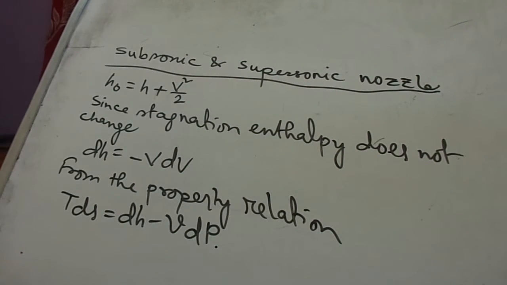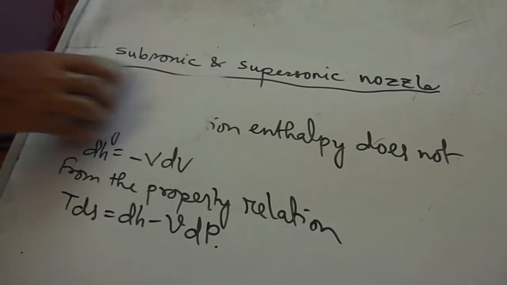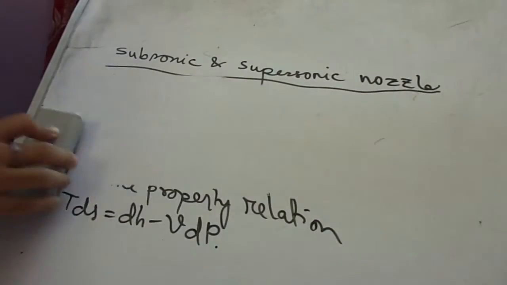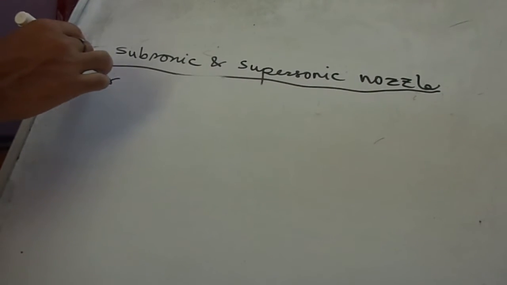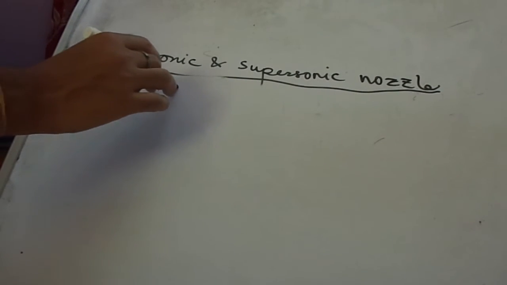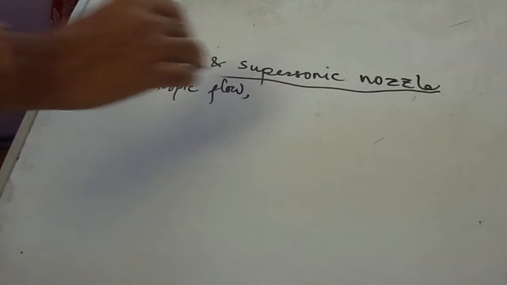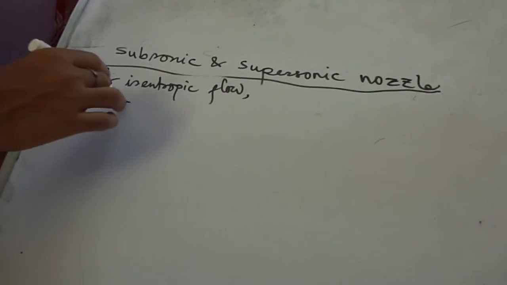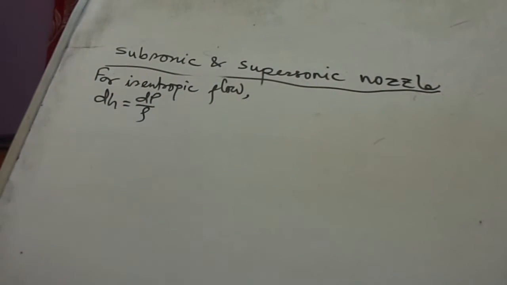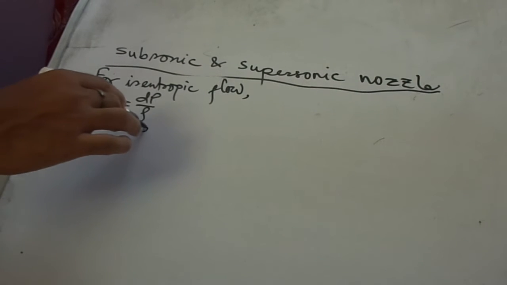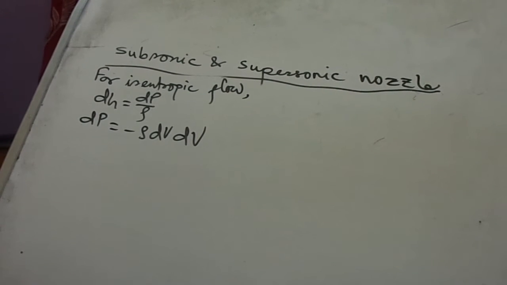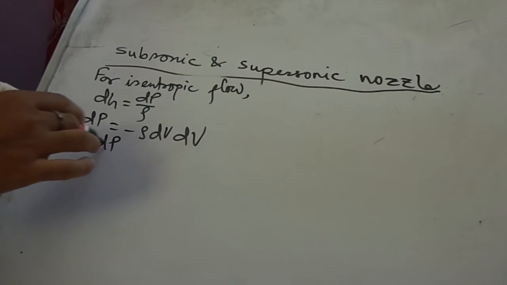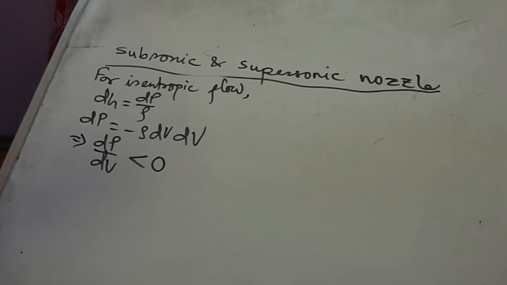For isentropic flow, dH is equal to dP by rho. So dP is equal to minus rho V dV, so dP by dV is less than 0.